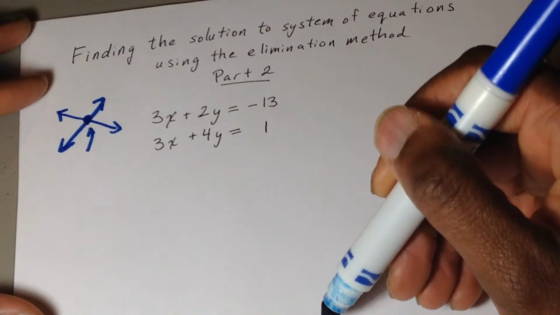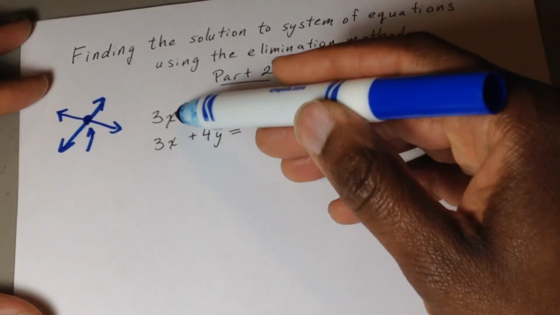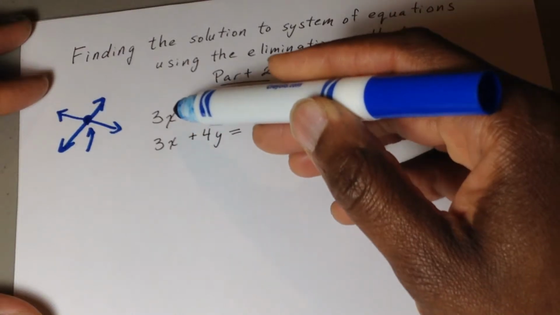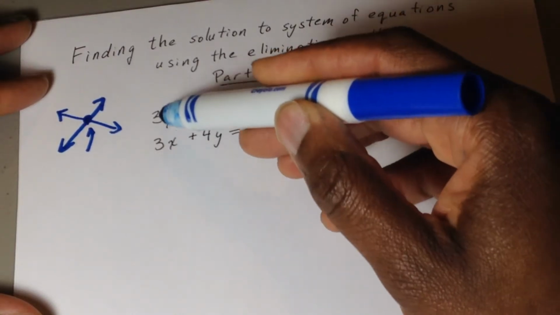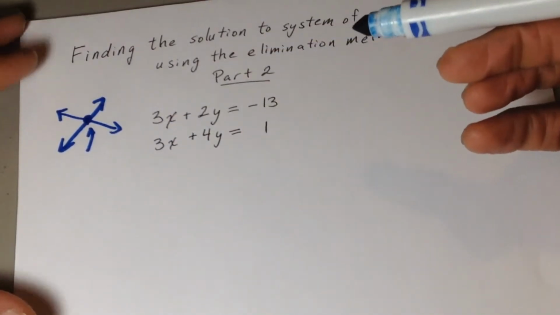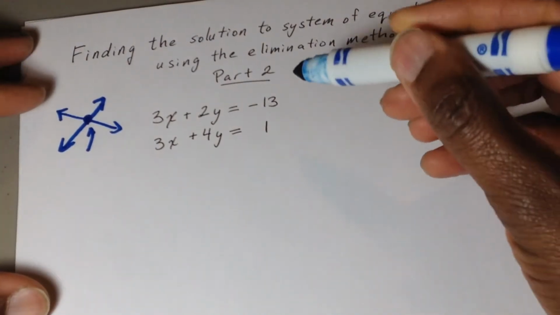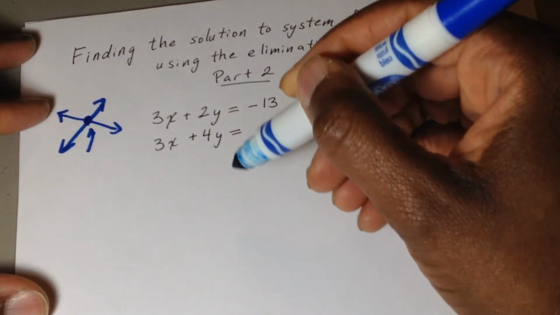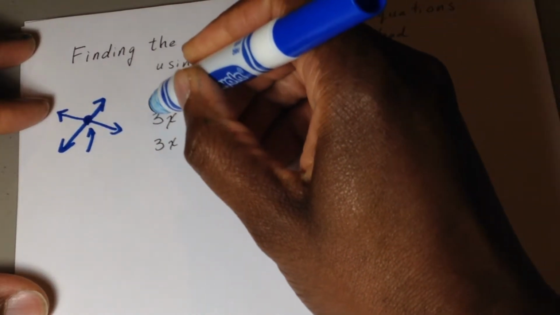Here's what we're going to do. I'm looking at this 3x in the one equation and 3x in the second equation. Being that they both have a 3x, but one of them doesn't have a negative, I'm going to negate the whole equation. I'm going to take the top one, I'll explain in a minute why.